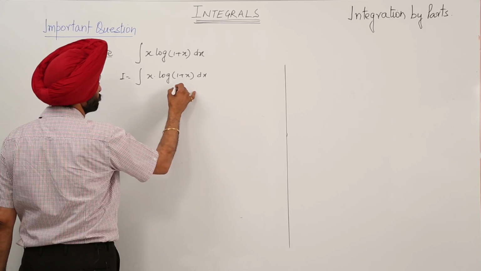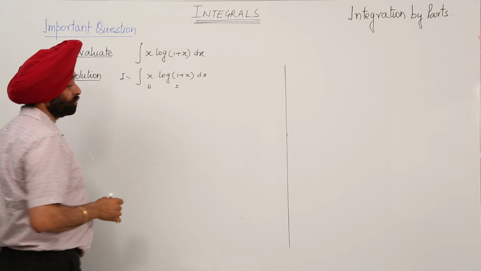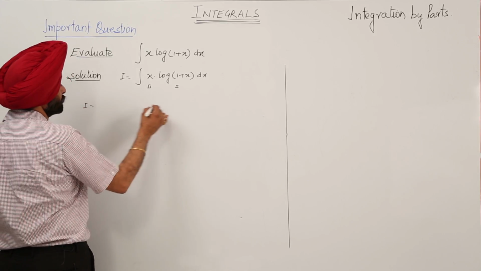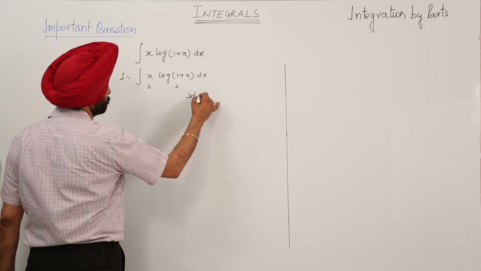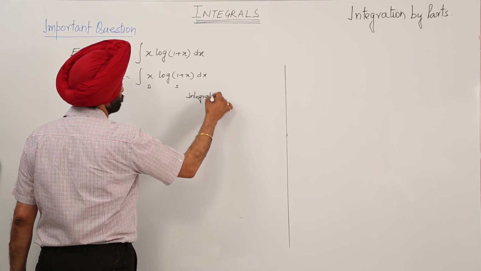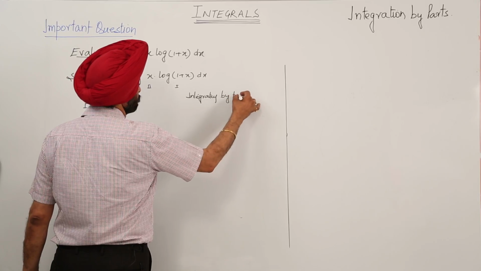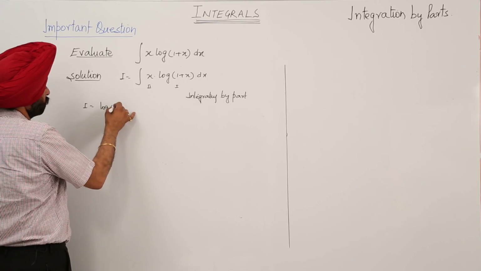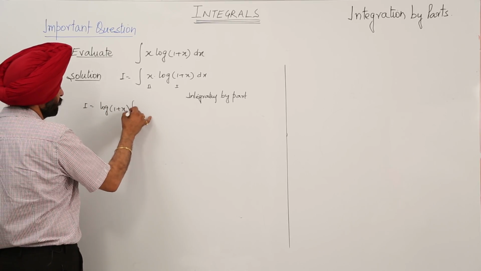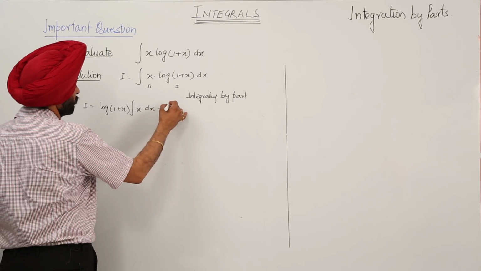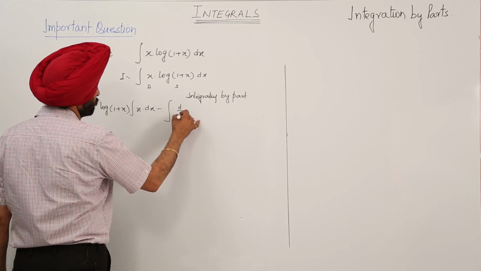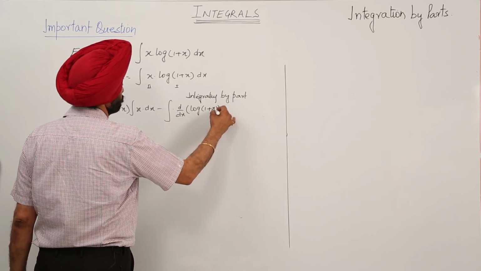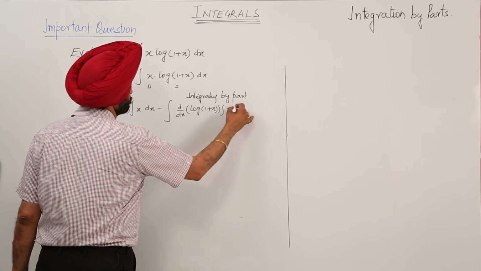Now taking this as the first function and this as the second function, integrating by parts and using the formula: first function as it is, log(1 + x), integration of second, minus integration of d by dx of the first function, log(1 + x), times integration of x dx.